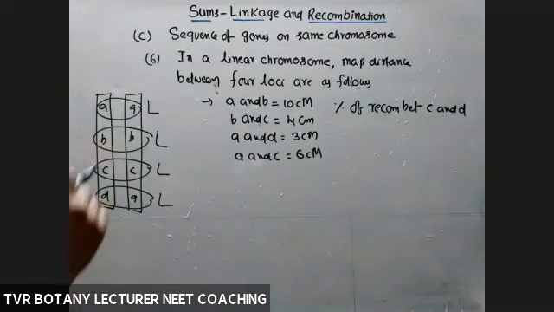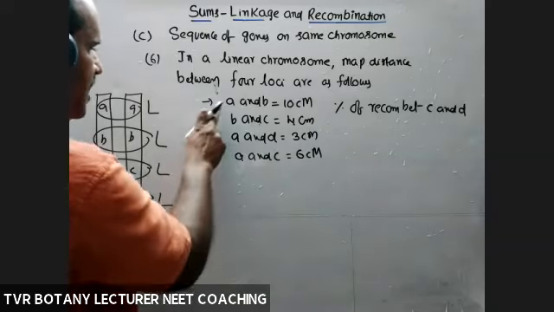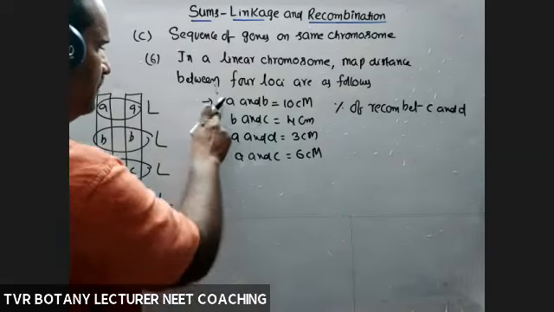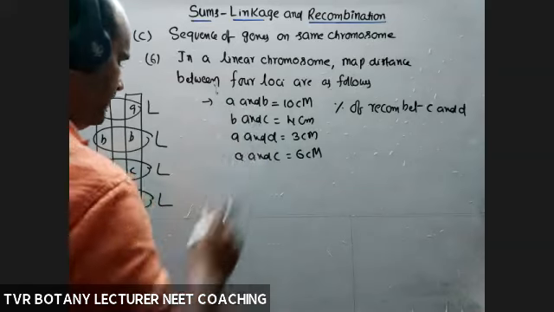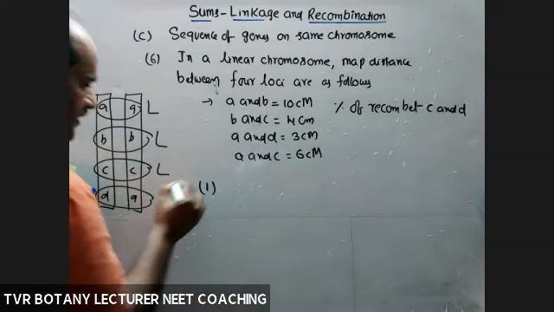Now, what about the arrangement of all these genes? 1, 2, 3, 4. Four are given. One by one, we'll check it. Arrangement, take the first arrangement.